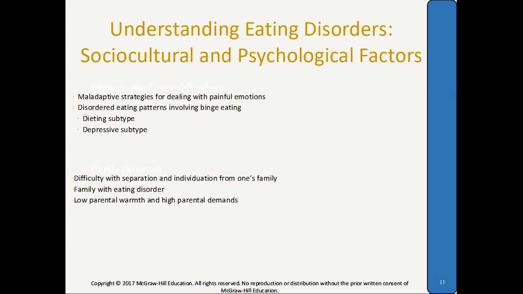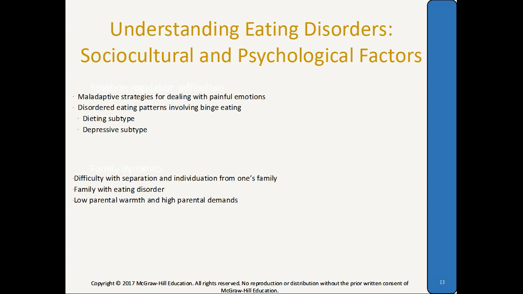We want to take a look at some of the other social, cultural, and psychological factors. We know that individuals with eating disorders also have extreme difficulty in regulating their emotions. We see that eating becomes a maladaptive strategy sometimes for dealing with painful emotions.